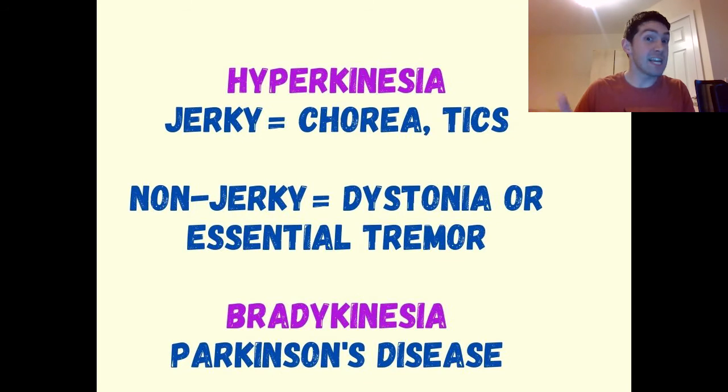So chorea and tics would tend to describe the jerky hyperkinetic movements, but you can also get hyperkinesia that is not jerky, and that is with things like essential tremor and dystonia. Now, we'll be talking a little bit more about essential tremor in a moment.